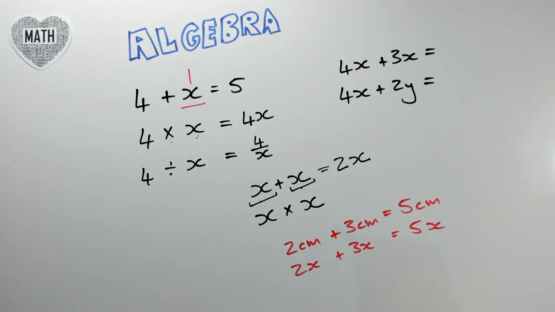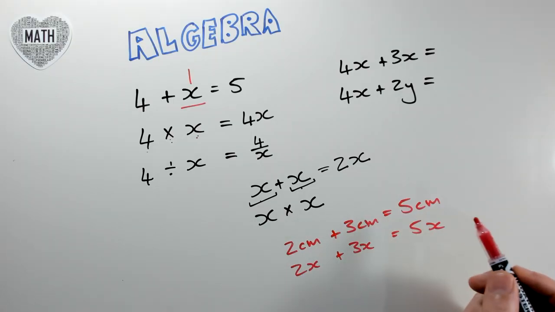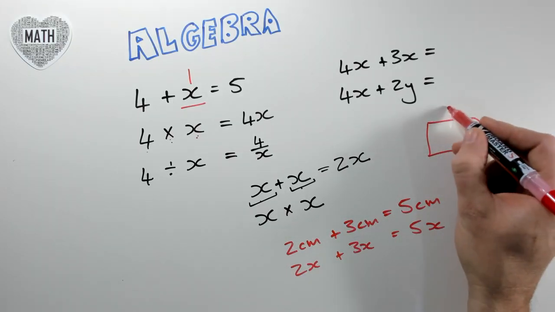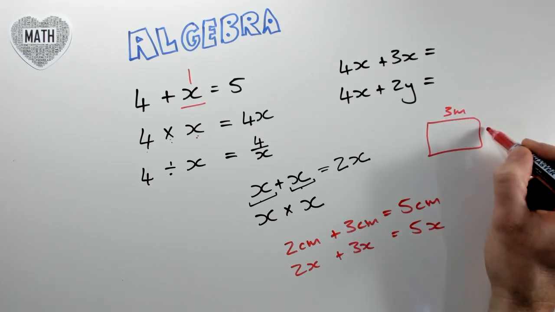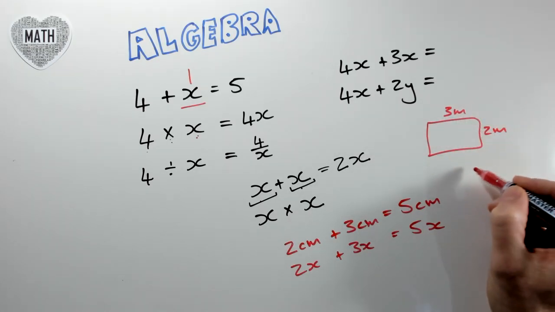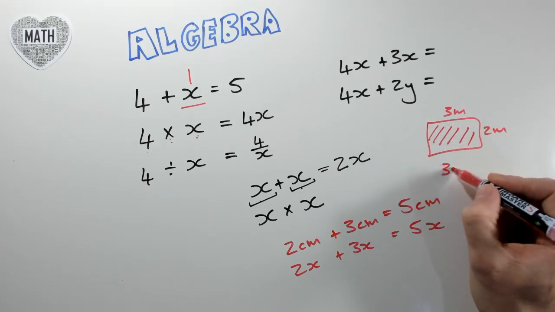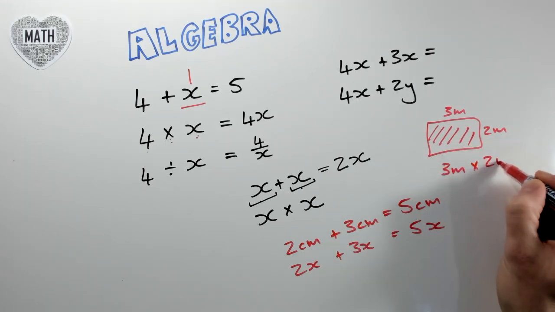But if I worked out area, then this would be different, right? Here it was distance, so 2 centimeters plus another 2 centimeters. But if I wanted to work out the area of something, let's say there was a room and it was 3 meters by 2 meters, I would say to find the area of the shape, 3 meters times 2 meters.